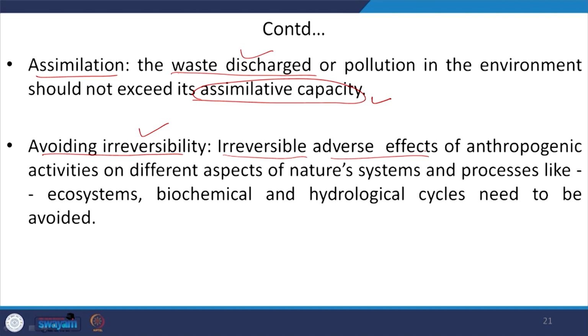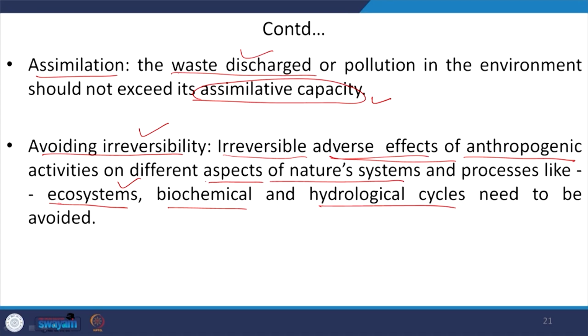And if these adverse effects are not impacting different aspects of natural systems and processes, that means the anthropogenic activities are not adversely affecting the ecosystems and nature's processes like your biochemical processes or hydrological cycles, then we can say that this environmental sustainability may happen.